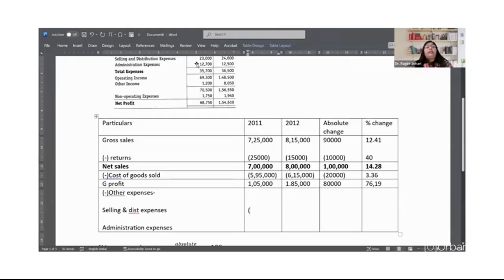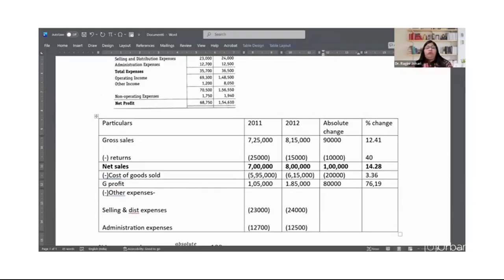So selling and distribution expenses, 23,000. Then administration expenses, 12,700. For the current year, this is 24,000, and then 12,500. Now let's find the absolute change here.